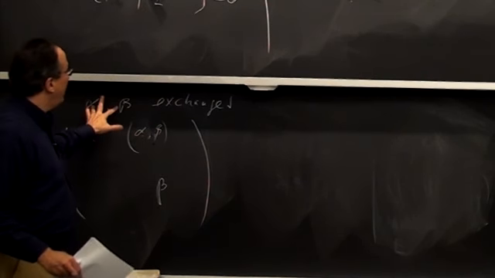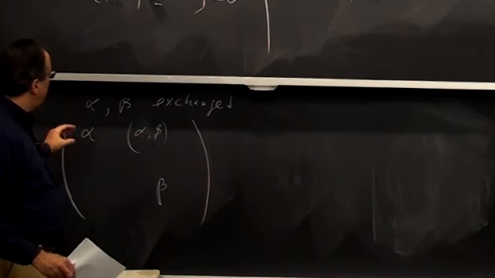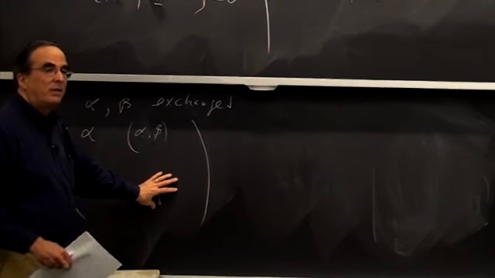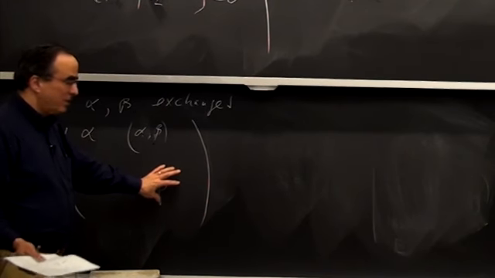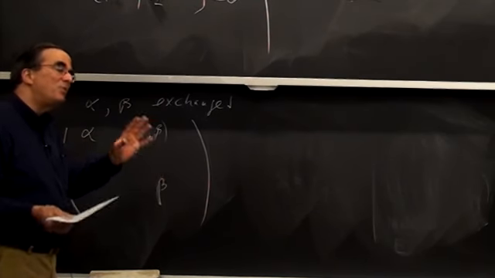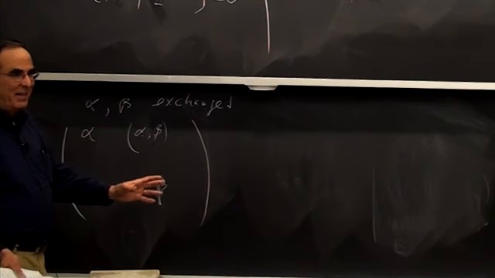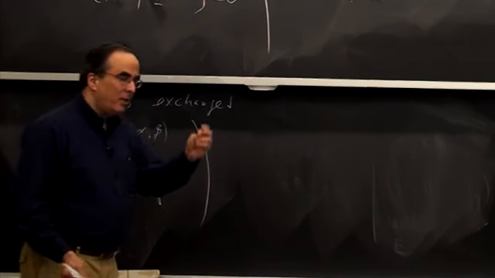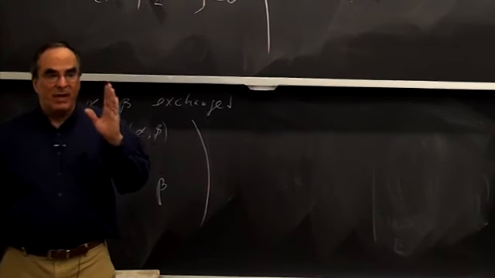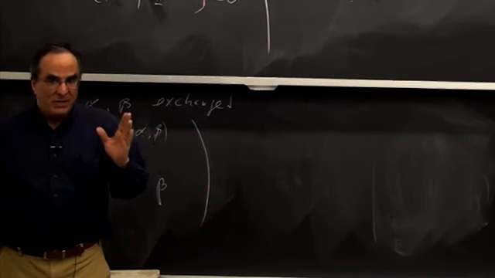So if alpha and beta are exchanged, the coordinates of alpha and the coordinates of beta do not contribute to the trace. This is the most wonderful thing because it enables you to look at a molecule, and almost all the symmetry operations involve exchanges of atoms.